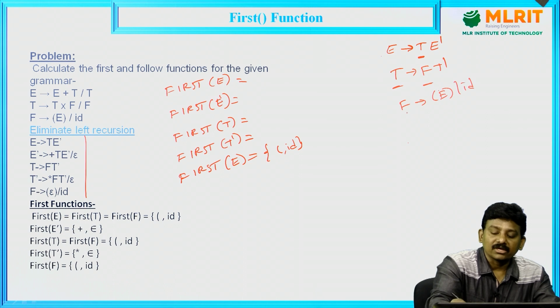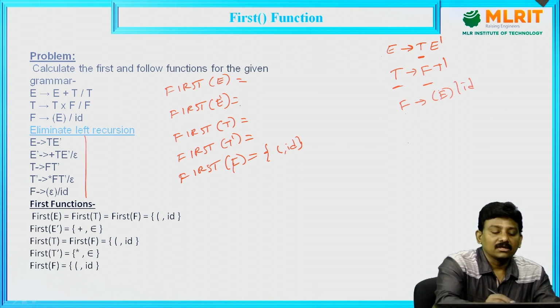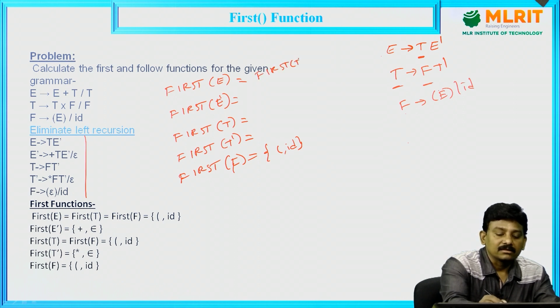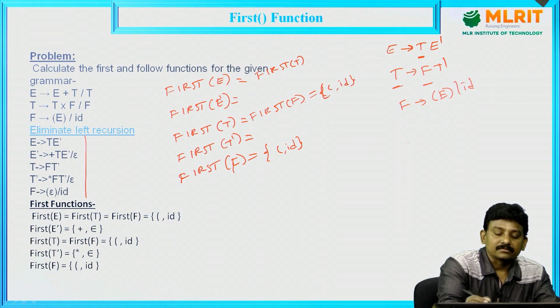We have already calculated first of F as left parenthesis and ID. So first of E is first of T, first of T is first of F, and first of F is left parenthesis and ID. Next, first of E is first of T. What is first of T? Left parenthesis and ID.